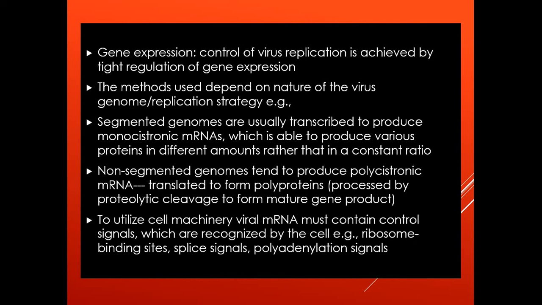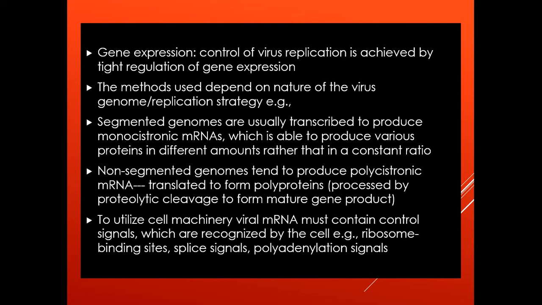For example, segmented genomes are usually transcribed to produce monocistronic mRNA, which produces only a single type of protein, so functionally it can produce various proteins in different amounts rather than a constant ratio.